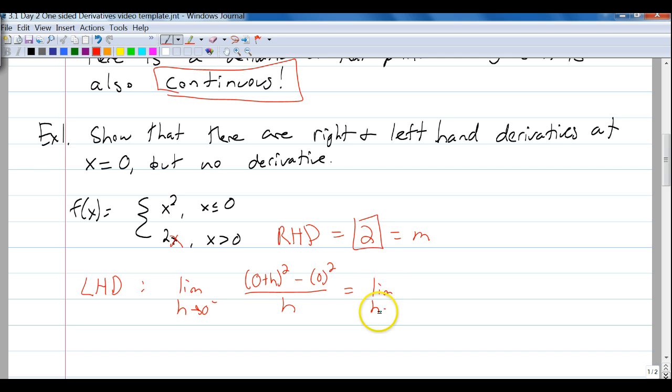You get the limit as h approaches 0 from the left of h squared over h, which is just h. Plug the 0 in, you get 0. And that's the slope of the graph from the left. Clearly, these do not equal. So the left-hand derivative does not equal the right-hand derivative, so there's no derivative at x equals 0.